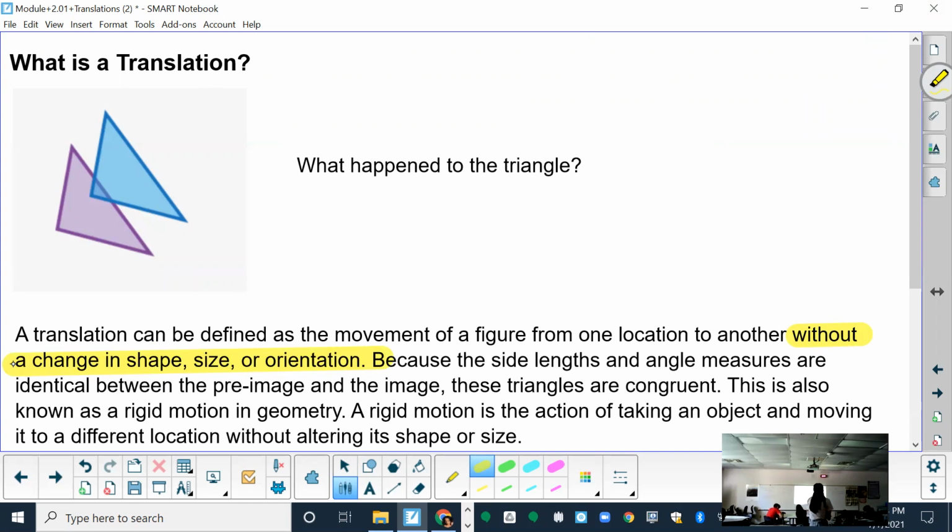The side lengths and the angle measures are going to be identical from the original to the transformed image. So those triangles are congruent, meaning they're exactly the same. All we did was translate it or move it. All right, so taking an object and moving it to a different location without changing its shape or size.